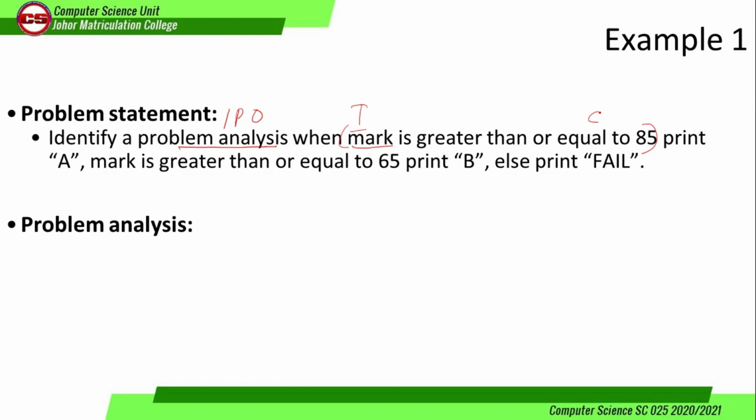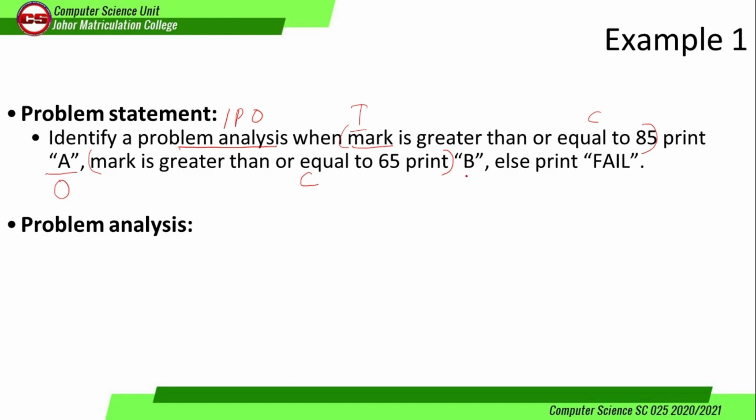Print A. So A is choice number one for the output. So marks greater or equal to 65 is another condition. You see here, we have two conditions.